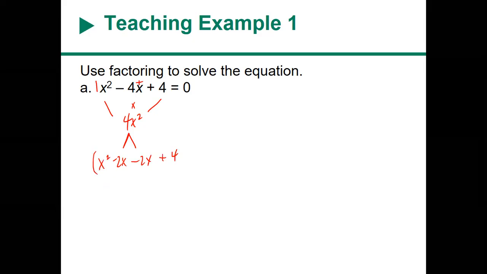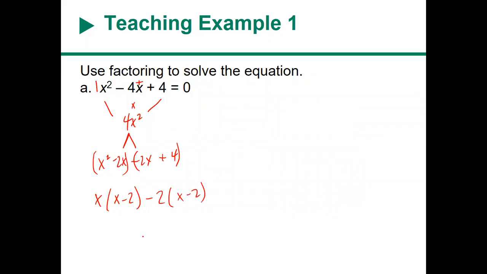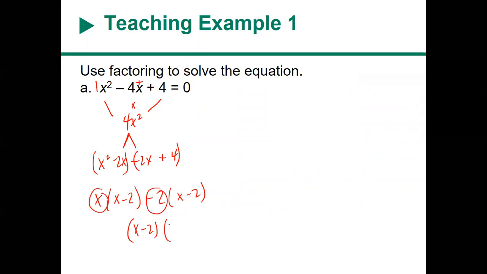I'm just doing it the long way to show you that it can be done not the long way in a second. So the GCF here is x, and I'm left with x minus 2. The GCF here is negative 2, and I'm left with x minus 2. The GCF now is x minus 2, and I'm left with x minus 2. Bam. So that's the whole process of it.